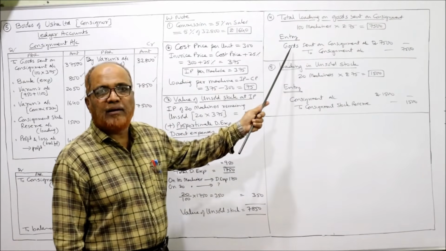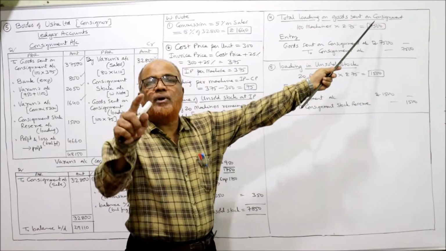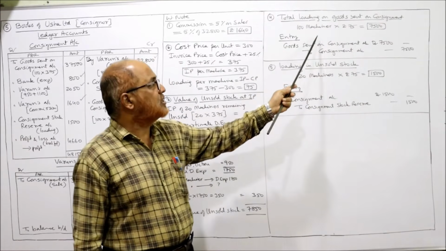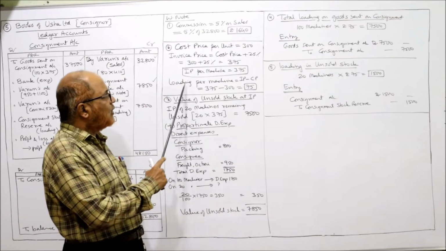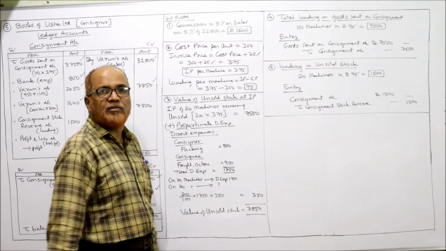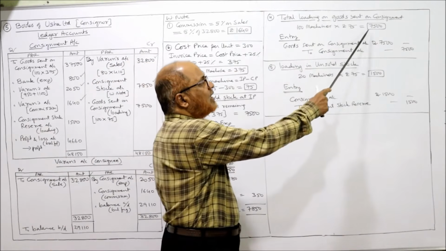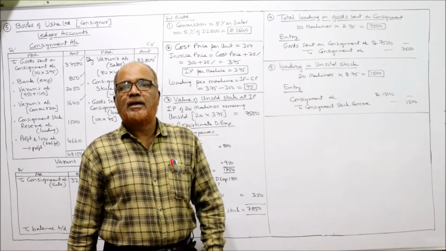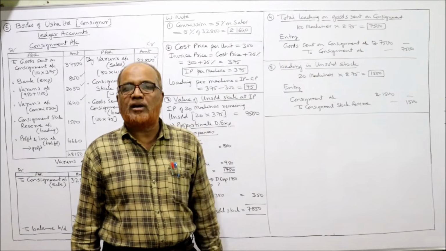Here I have written completely. The total loading on goods sent on consignment. How many machines have been sent? 100 machines. What is the loading per machine? Here you have calculated loading per machine is 75 rupees. So multiply 100 into 75, 7,500. 7,500 is the total loading on goods sent on consignment.